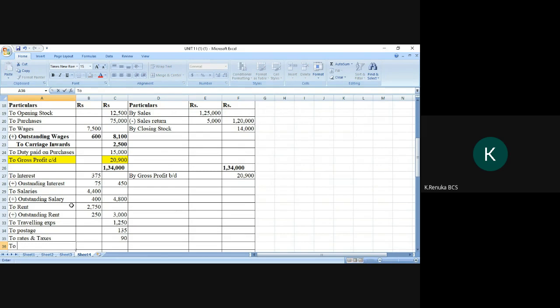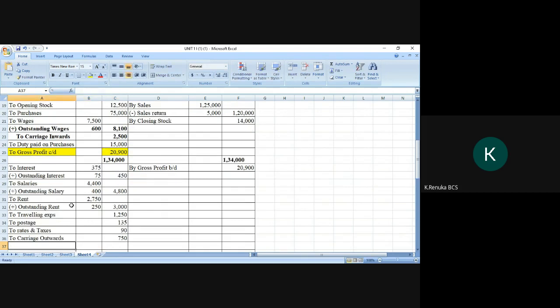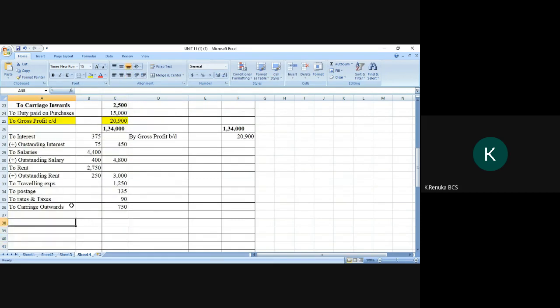Next is carriage outwards. Carriage inwards has to be posted in the trading account. Carriage outwards has to be posted in the P&L, that is, the profit and loss account. So carriage outwards they have given you 750, to be posted directly in the outer column.